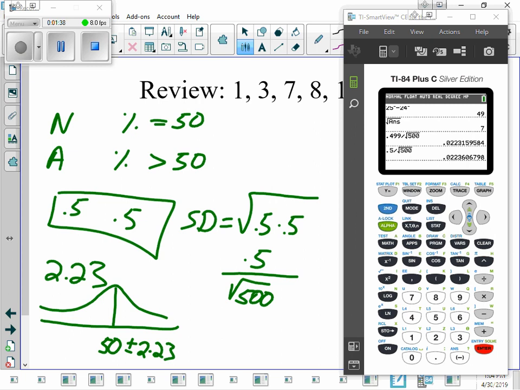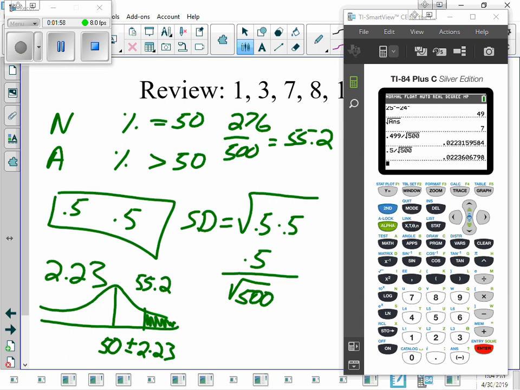Well, when we did the sample, we had 276 out of 500, which is 55.2%. So when we put 55.2%, we need to shade to the right and see what the p-value is.